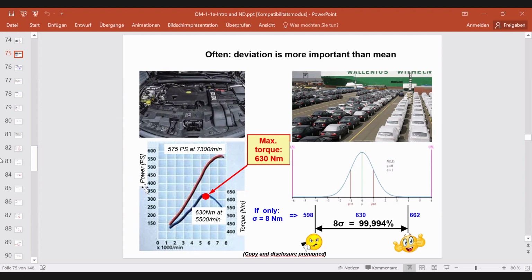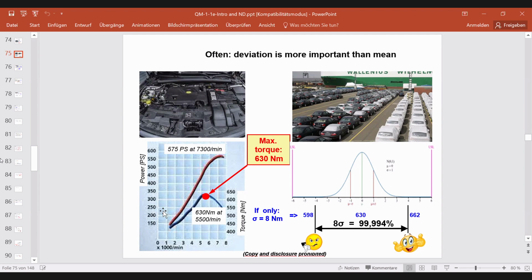This is shown here. Here you see the power in PS, horsepower, and this is the number of rotations of the motor, times 1,000 rounds per minute: 1,000, 2,000, 3,000, up to 8,000 rounds per minute.